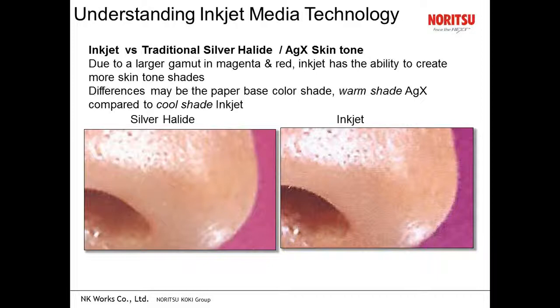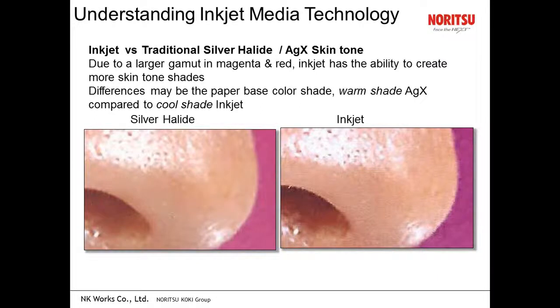This is a very close scan of those prints, the nose of the person. So you are looking on the right-hand side of the inkjet file, very accurately being portrayed by the inkjet printer technology. On the left-hand side, you do have the scanned silver halide print. So you can see the details within the file itself.